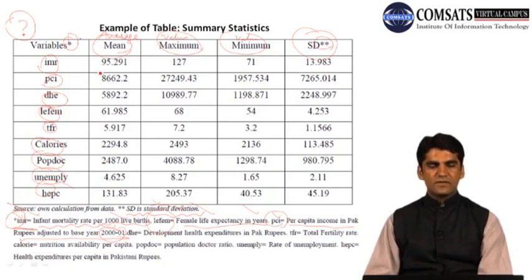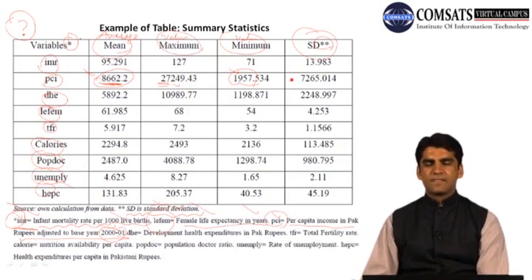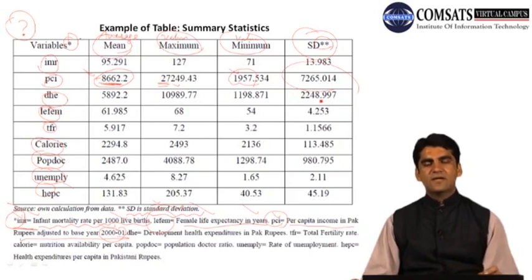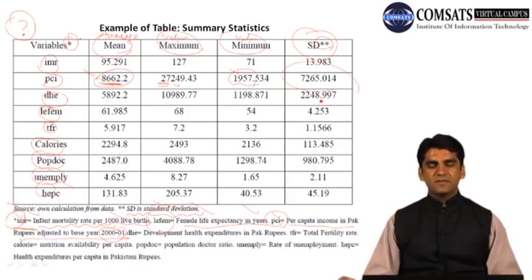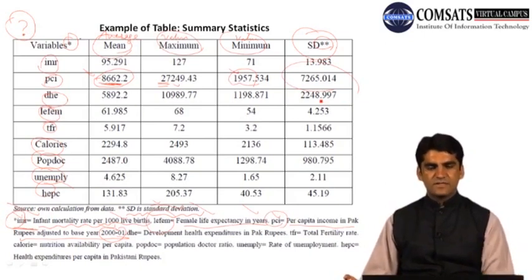But what we try to see is that this is the average per capita income in Pakistan, let's say 8,662. Maximum is 27,249 and minimum is 1957, around 2000, and then we have the standard deviation. So this is how you come up with the descriptive table. What is missing in it is basically the title.